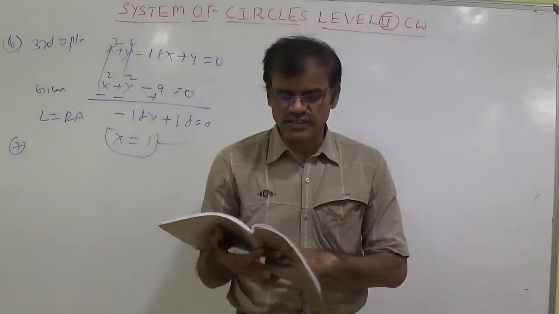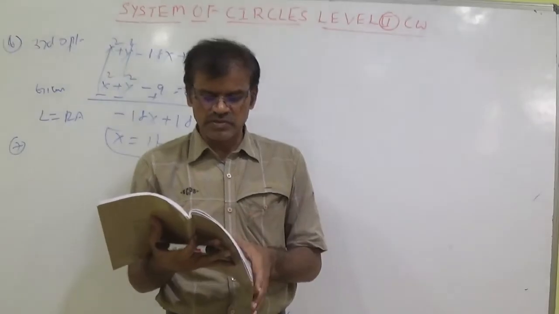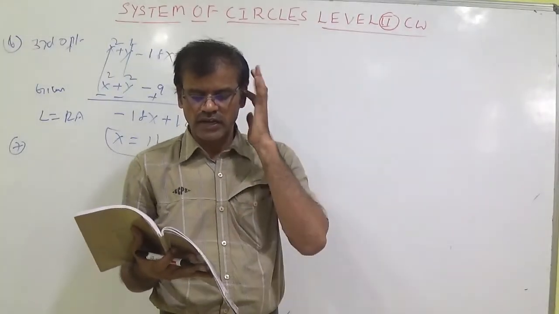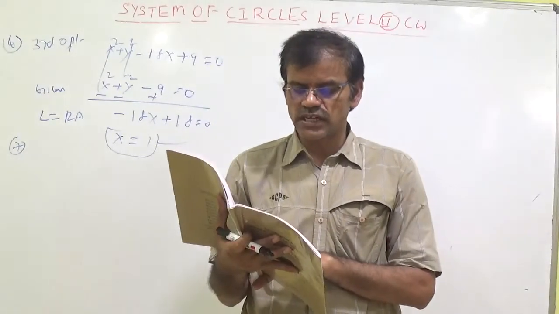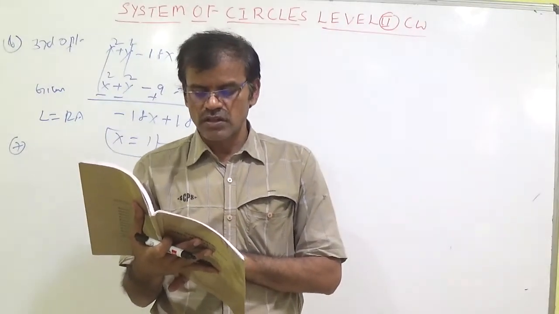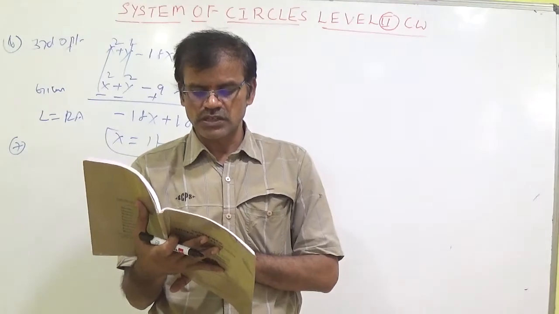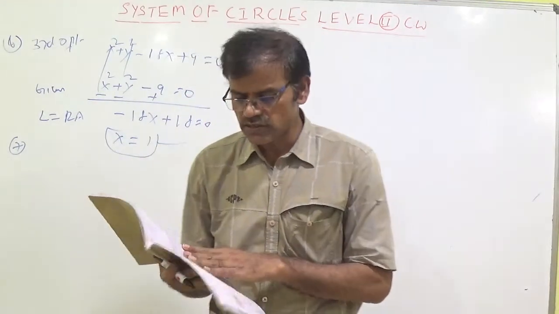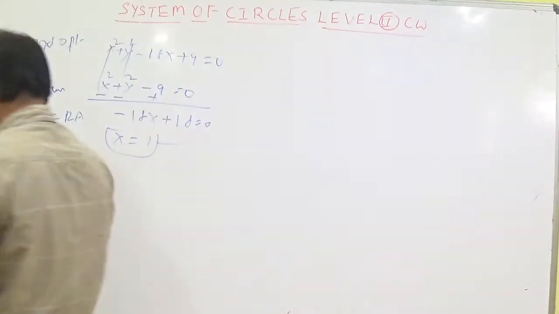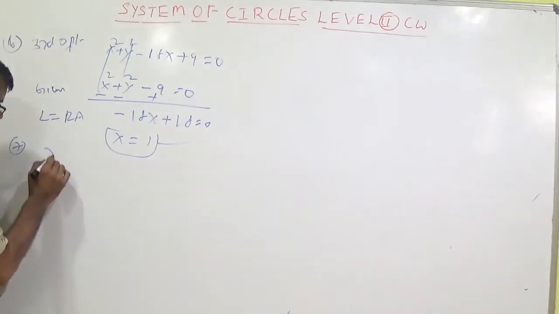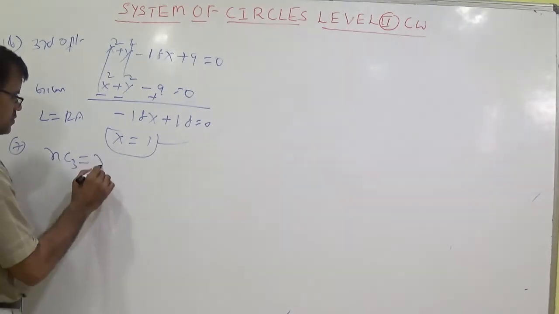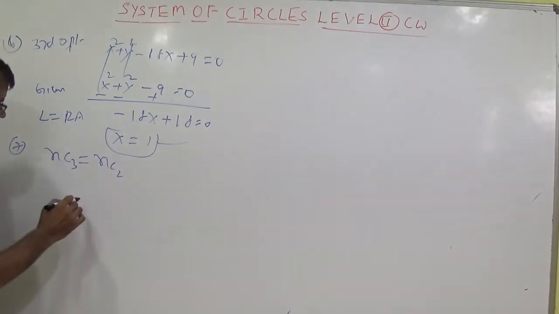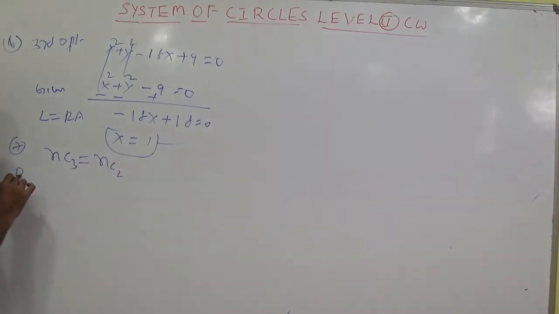In yesterday's class I said this sum. If n ≥ 3 circles, no three centers are collinear, and the number of radical axes of the circles is equal to the number of radical centers, then find n. Number of radical axes, formula nC2. Number of radical centers, formula nC3.